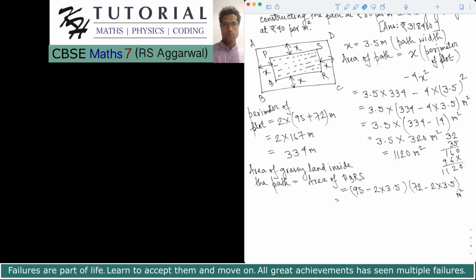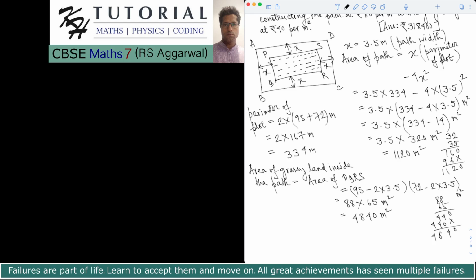So 95 minus 7 is 88, multiplied by 72 minus 7, which is 65, this much meter square. 88 multiplied by 65 is 5720. Sorry, the transcript reads 4840 meter square. So the area of the rectangle PQRS is 4840 meter square.